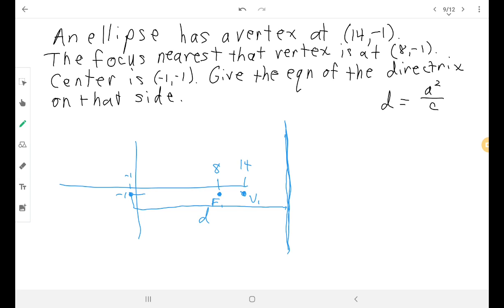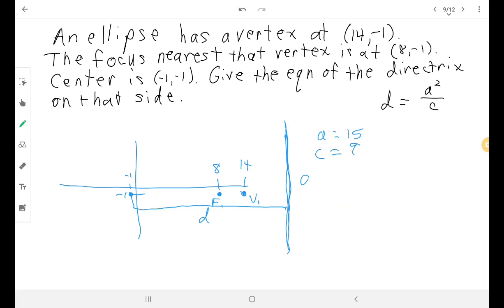I know the distance A. That's the distance from the center to a vertex. A is 15. From -1 all the way out to 14 is a distance of 15. I know the distance C from the center to a focus point. And I know that distance is from -1 to 8, so that is a distance of 9, right?